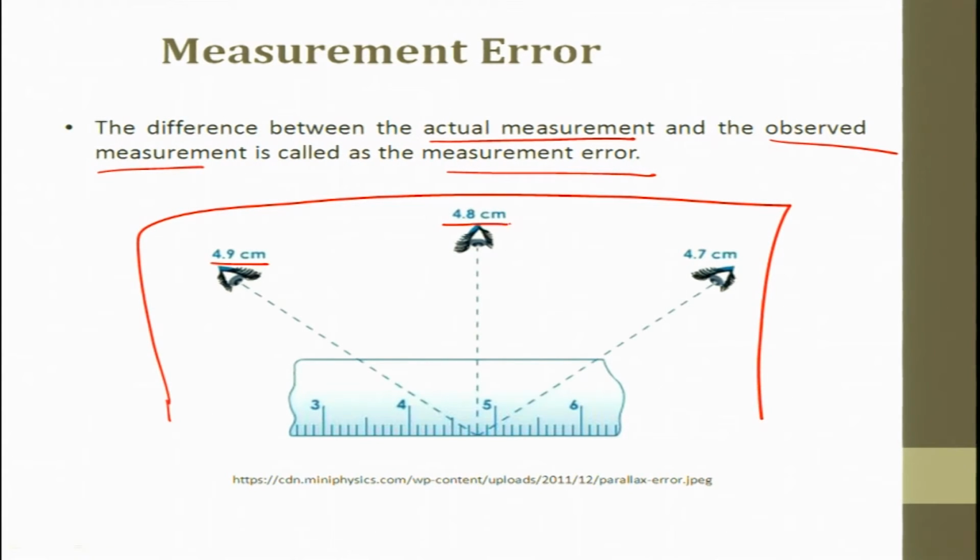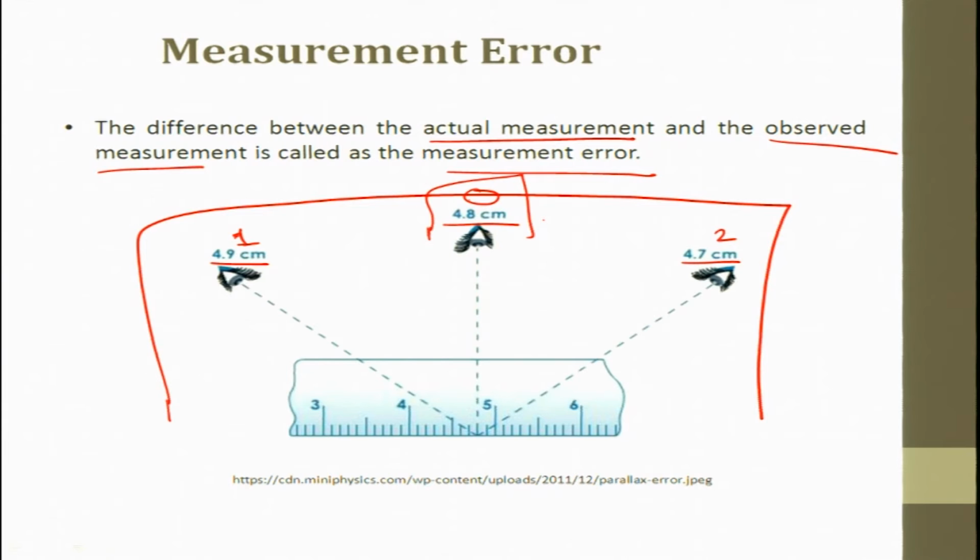This one is exactly perpendicular to the scale. He is reading 4.8, which is the actual reading. So, this is 4.7, 4.8, 4.9. So, this is the actual observation, at least what is represented by this scale. So, because of the different angles of viewing, angle 1 and angle 2, we are not getting the actual value. This is one of the measurement errors.